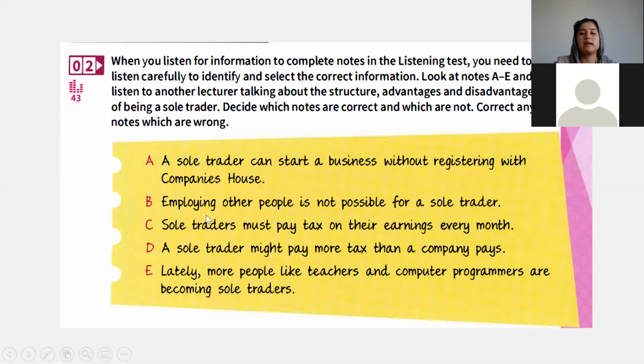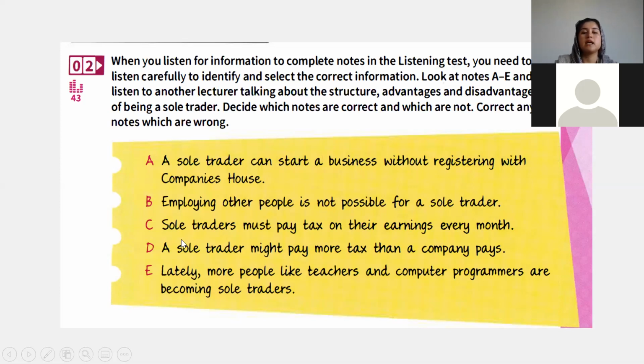And then B says employing other people is not possible for a sole trader. So employing, not possible, sole trader are the keywords.